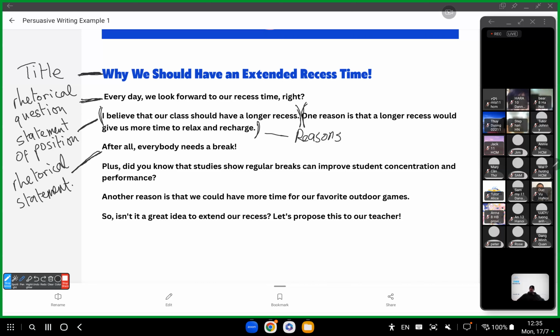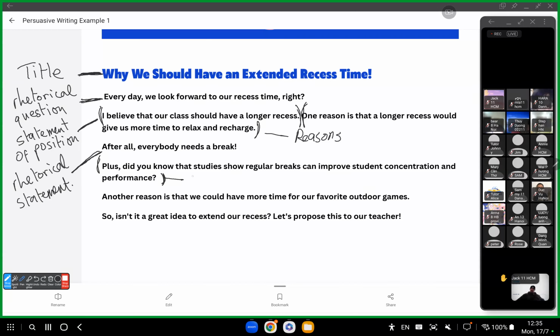So what do we call this part here? Jack? I think it is the evidence.